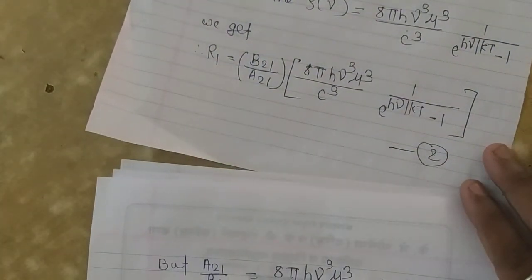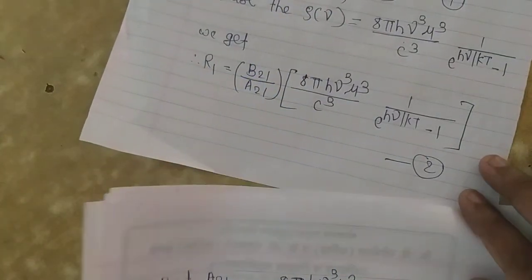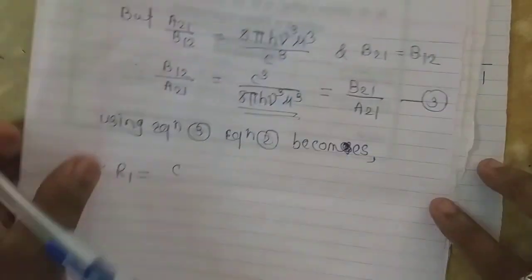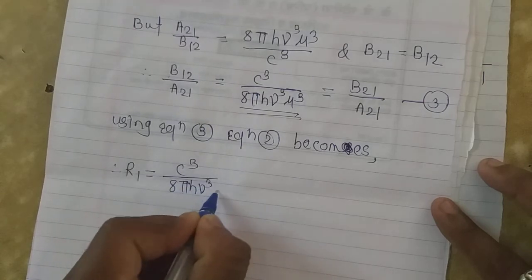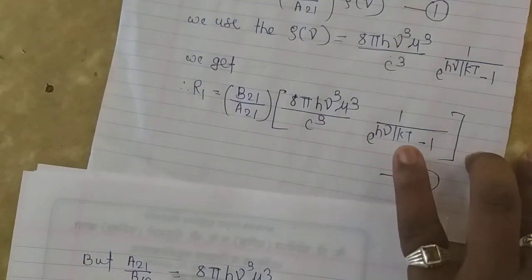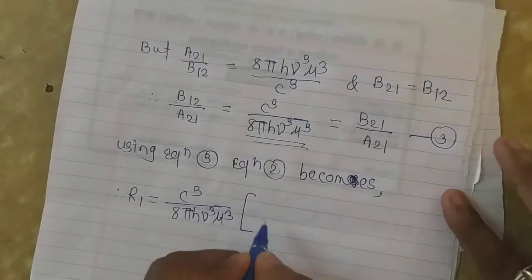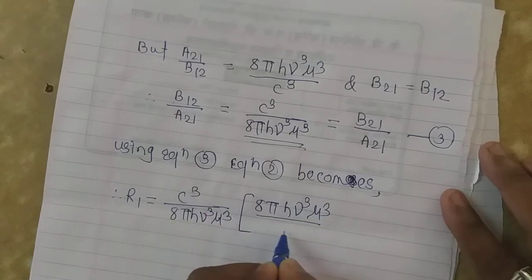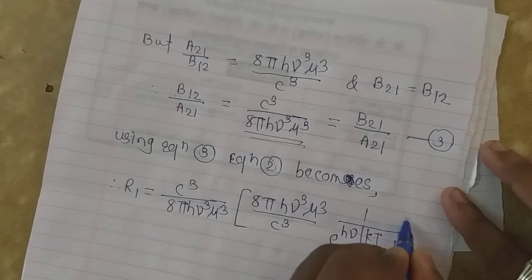R1 is equal to B21 divided by A21, which is the term c cube divided by 8 pi h nu cube into mu cube, and the next term of equation 2 stays as it is, the bracket 8 pi h nu cube into mu cube divided by c cube, 1 divided by e raised to h nu divided by kT minus 1.